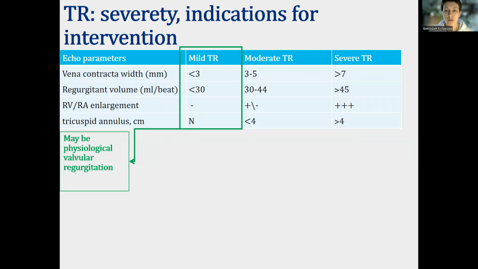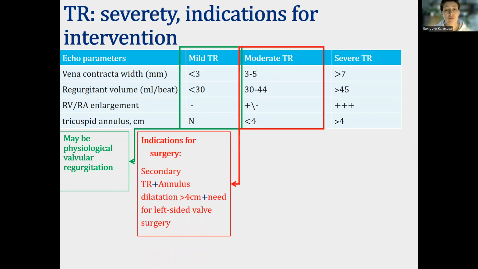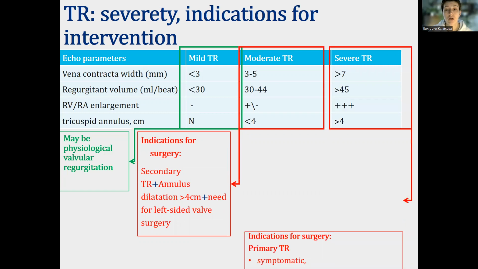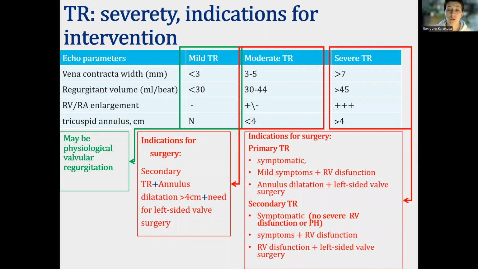We choose surgery in moderate tricuspid regurgitation if it's secondary tricuspid regurgitation with annulus dilatation more than 4 centimeters, and we need left-sided valve surgery. In general, all severe tricuspid regurgitation, primary or secondary, is an indication for surgery.